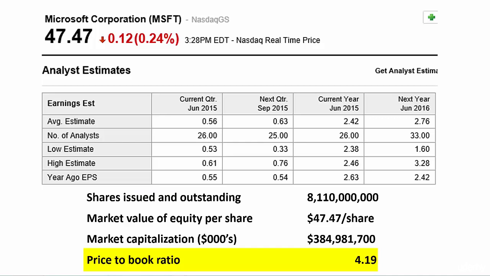This gap in value is a result of the very profitable business model of Microsoft that relies on intellectual capital and so-called internally generated goodwill instead of hard capital like real estate and equipment that would typically show up on a balance sheet to generate the returns.